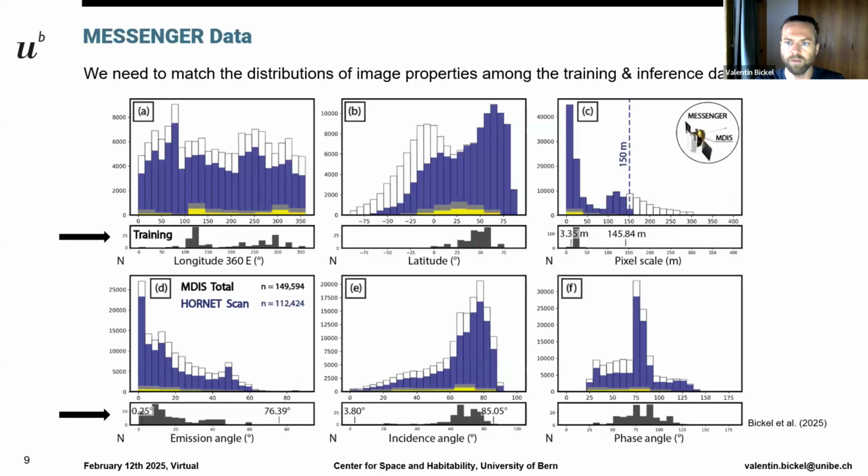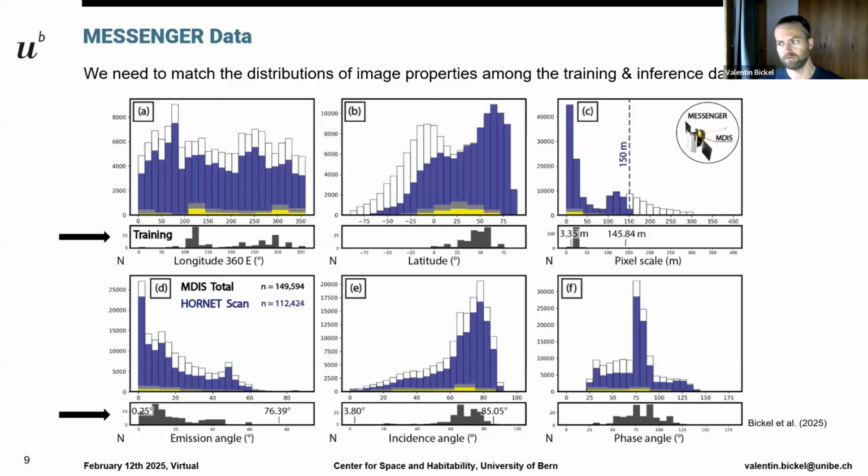There's something else that's important about the data. As we want to develop a tool that is able to ultimately scan through the entire data set, we of course have to use a training and evaluation data set that is representative of the full-scale data set, right? And this is shown by the small panels with the black histograms. This shows the distribution of properties in our training and testing data sets.